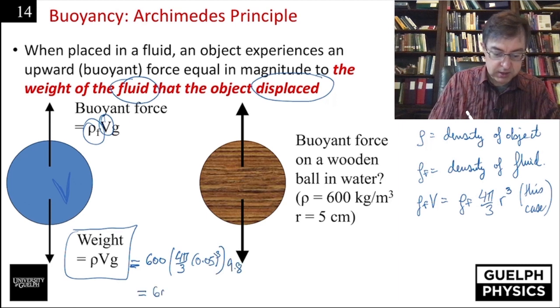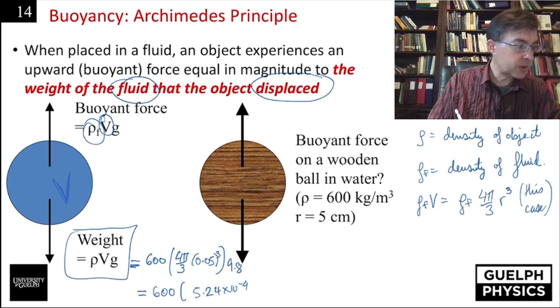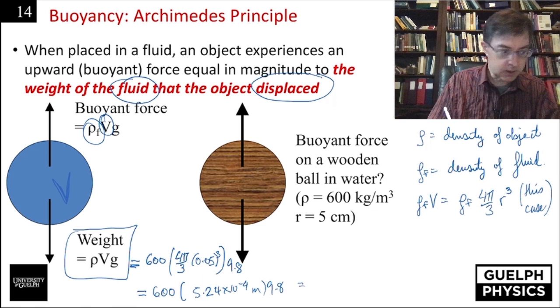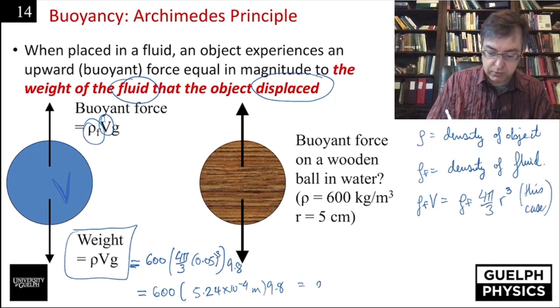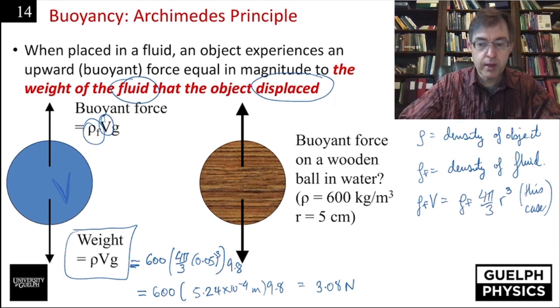The volume here is 5.24 times 10 to the minus 4 cubic meters, and I calculate that out, and that works out to a weight of 3.08 newtons. So the object's weight is 3.08 newtons.